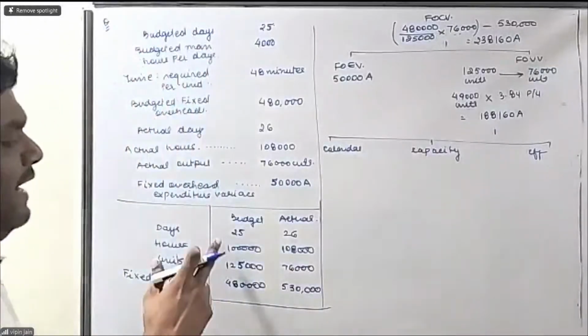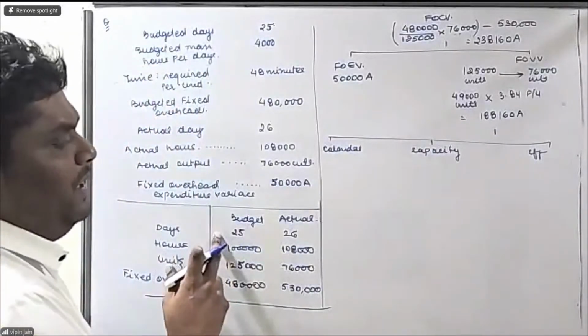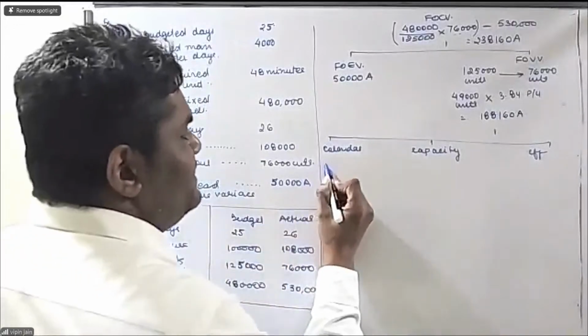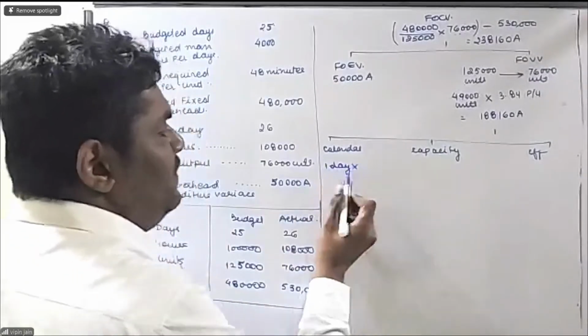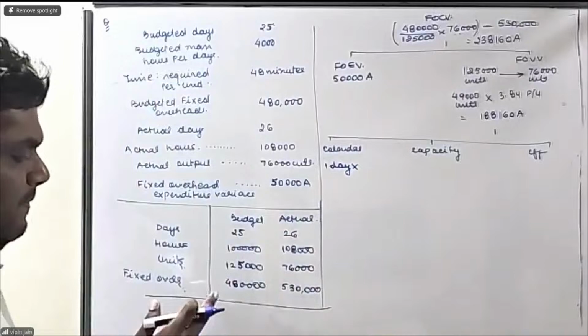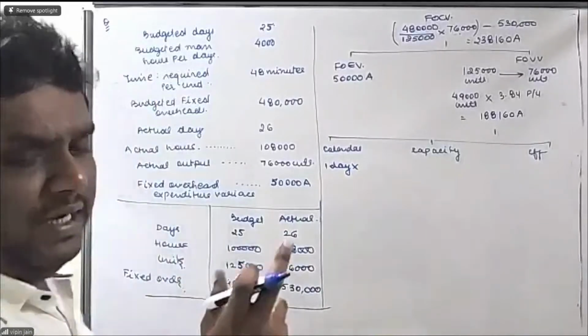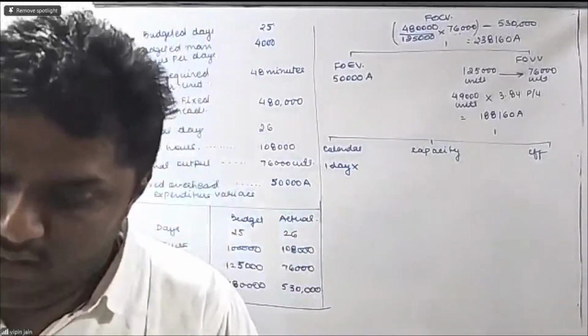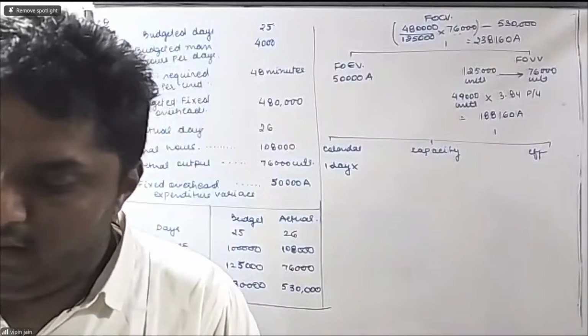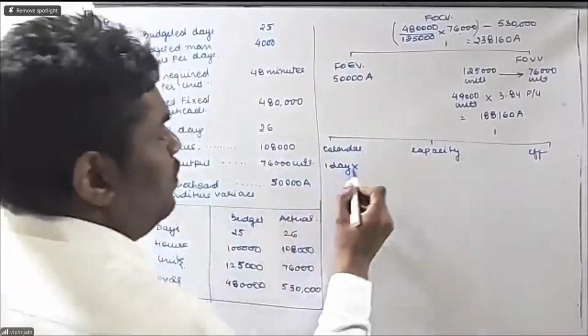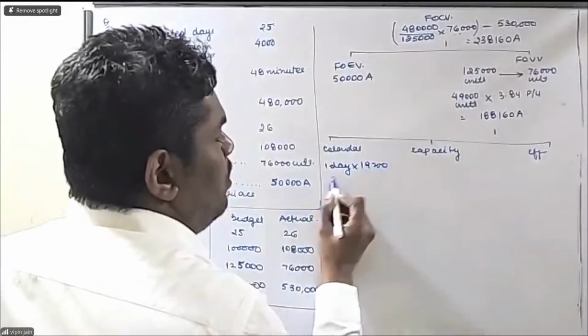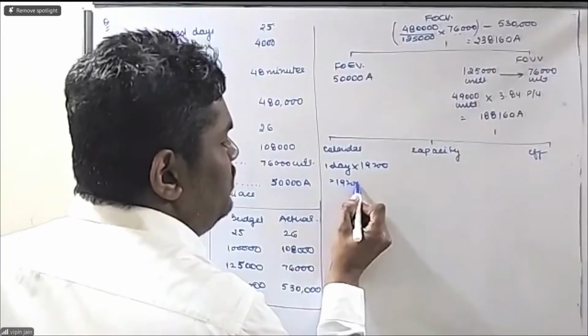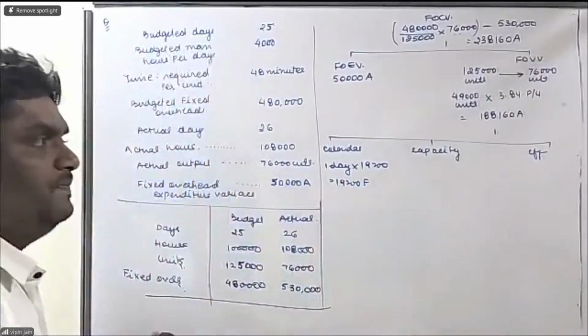When talking about calendar variance, we were supposed to work for 25 days, but we worked for 26 days. 1 day extra we worked, so it's a good sign for the company. So 4,80,000 divided by 25 will get the rate per day, that is 19,200. So this will be 19,200 favorable.